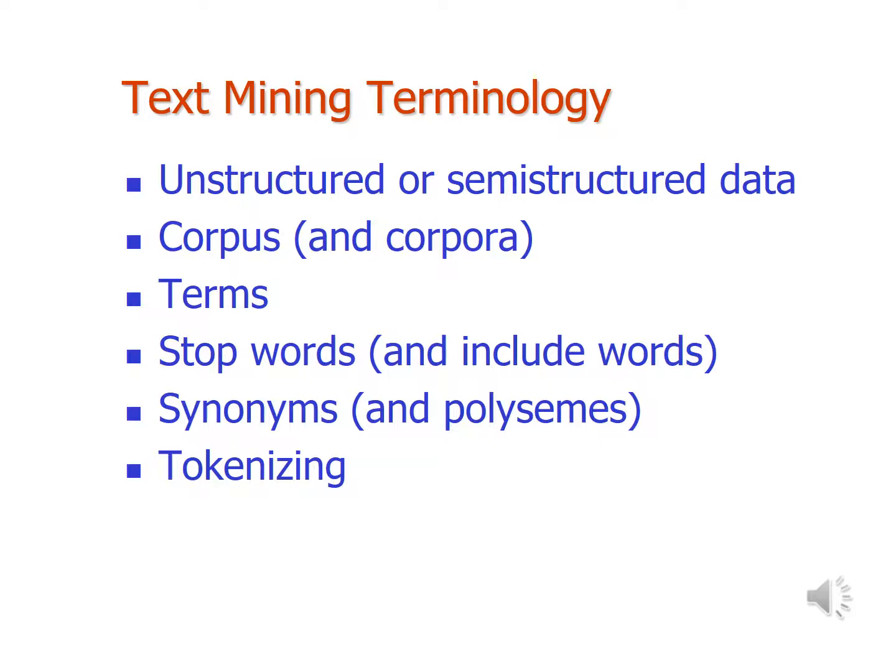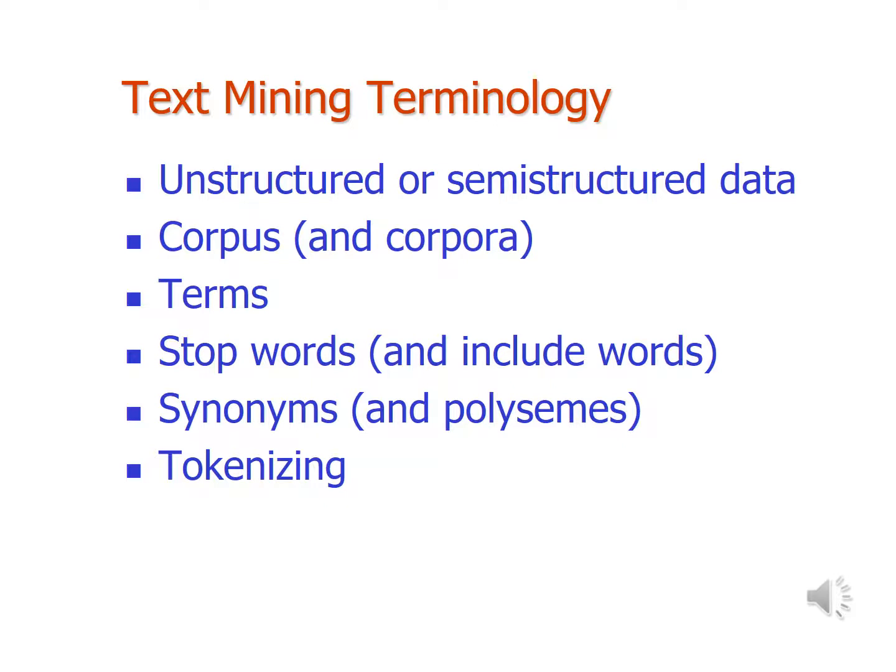If you look at Foreman's process in his book, he has this whole extraction of words, removing all the punctuation and all the spaces to identify what actually makes a term. Stop words and include words would be words that you specifically want to either eliminate or include. Synonyms, polysemes, synonyms are associations of words that basically mean the same thing, obviously.